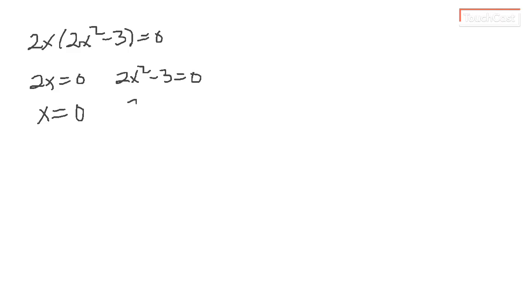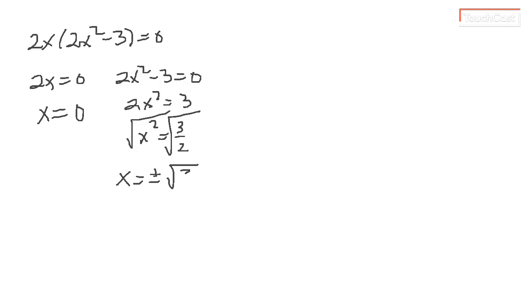In the other case, we'll add 3, so 2x squared is equal to 3. We can divide by 2, and then take the square root of both sides. So x is equal to plus or minus the square root of 3 over 2. So our critical numbers are going to be at 0, the negative square root of 3 over 2, and positive square root of 3 over 2.